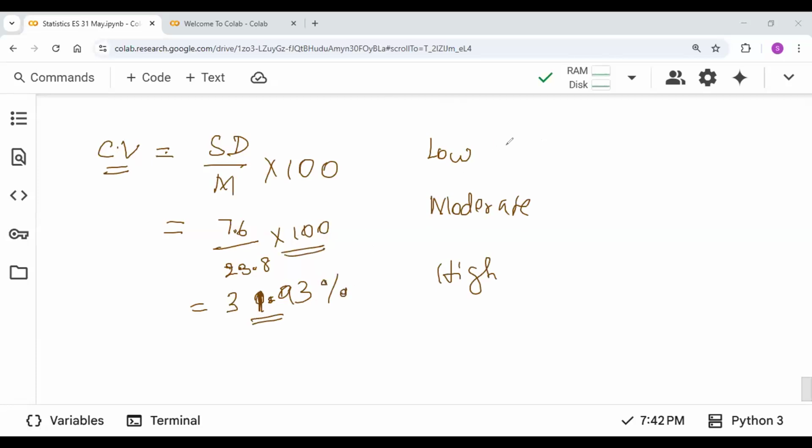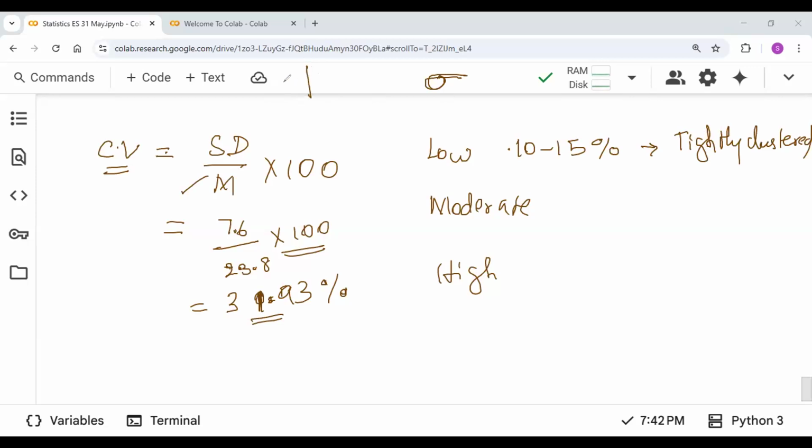Generally the standard deviation is represented by sigma. If this sigma value is like 10 to 15% with respect to the mean, then your data is tightly clustered towards the mean, which means the data is consistent.